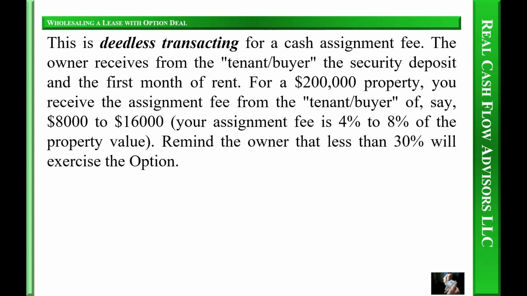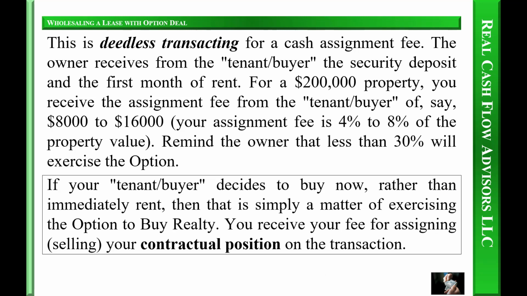Remind the owner that less than 30% will exercise the option. If your tenant buyer decides to buy now rather than immediately rent, then that is simply a matter of exercising the option to buy realty. You receive your fee for assigning, that is, selling your contractual position on the transaction.